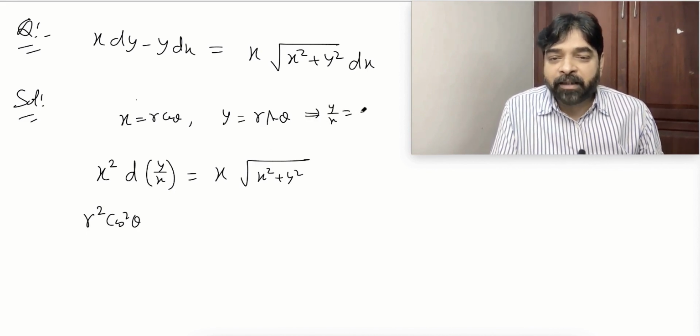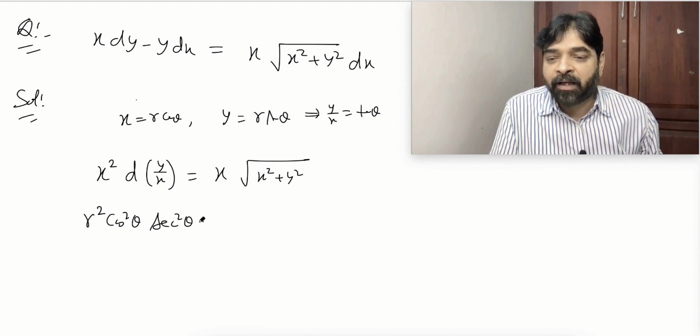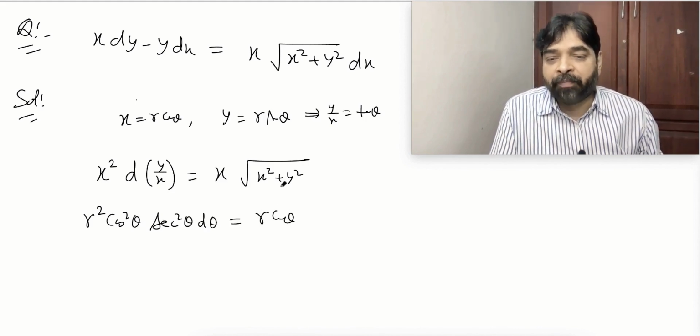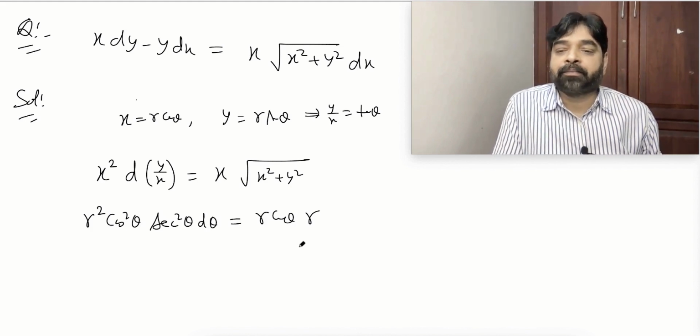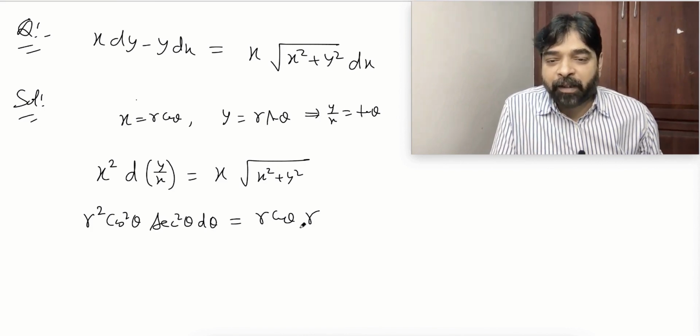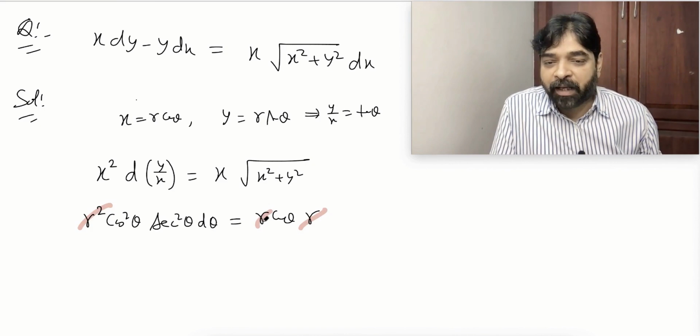When you practice this, you will easily remember it. Y by x will be tan theta, so d of tan theta, secant square theta d theta, will be equal to x, r cos theta into r. Is this clear? X square plus y square will become r square, so one r will be there. These two cancel. This becomes simpler, I guess.